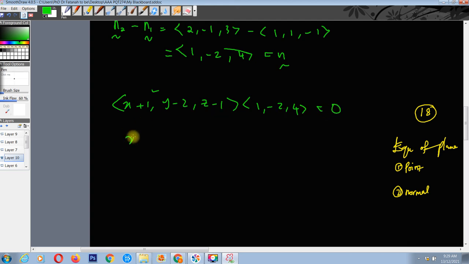So we get x minus 2y plus 4z plus 1 plus 4 minus 4 equals 0. So x minus 2y plus 4z equals negative 1. I think the answer is not correct. Negative 1 should be negative 1.